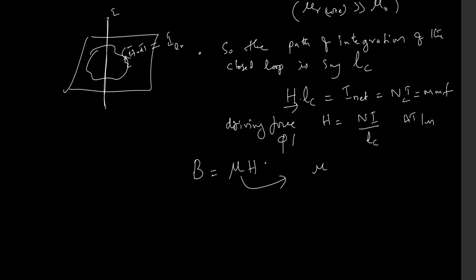Mu is the permeability of the core, which is actually mu r multiplied by mu naught, permeability of the air multiplied by the relative permeability is equals to the actual permeability, or otherwise relative permeability is equals to mu by mu naught.